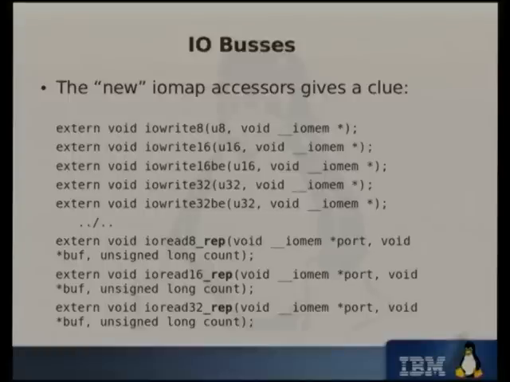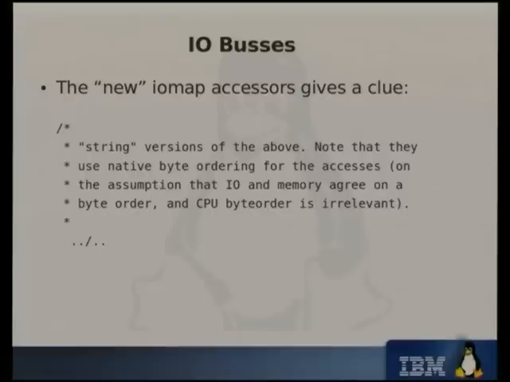Now, part of the answer can be found if you look at the new IOMAP accessors, the header file that defines them. You notice that we provide a set of rep variants of them, which are going to do repeat reads or repeat writes from a FIFO. There is a reason we provide those, not only to avoid you doing a loop here. It allows you to also avoid too many memory barriers, but mostly because of that comment that I have snipped here and expand here.